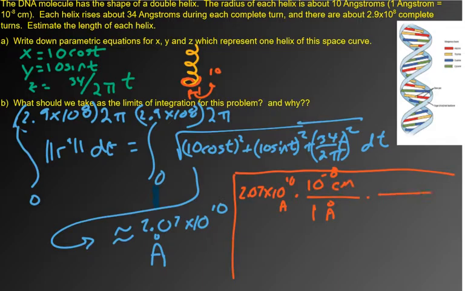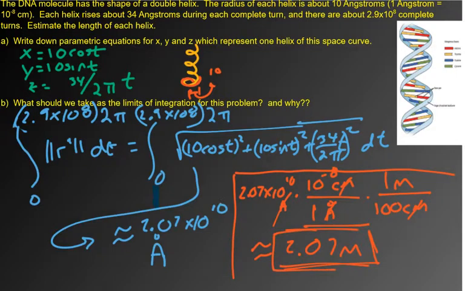And for 100 centimeters, there's 1 meter. If you do the dimensional analysis, and you cancel and multiply all this across, this is basically about 2.07 meters.